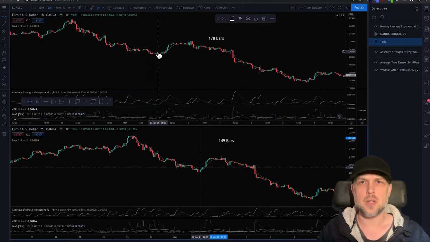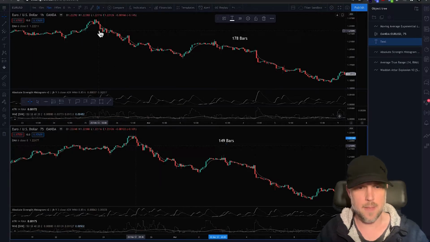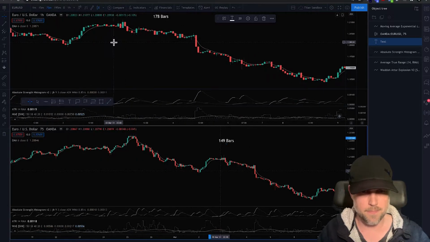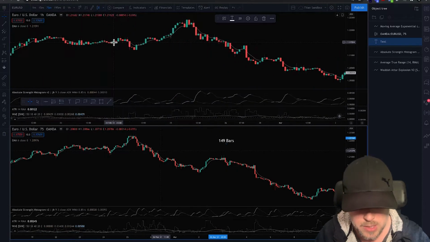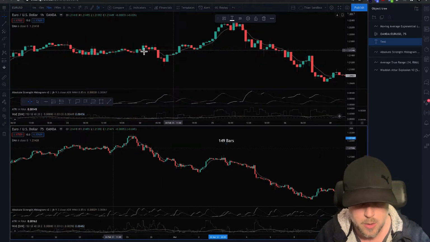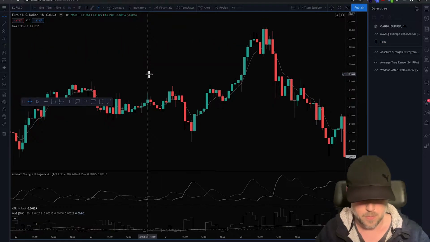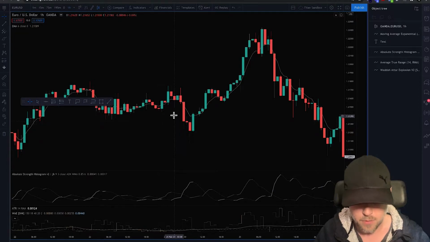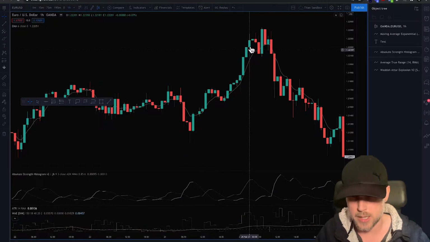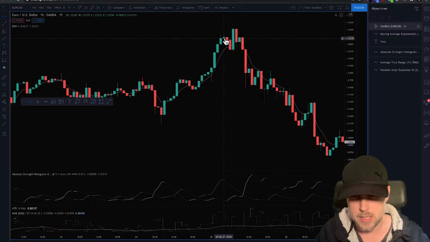Less than 50% of the range between the high and the low. That's what we're going to do. So I'm going to give you an example of one where clearly we have less than 50% of a body. So here's one right here, right? So clearly the body is less than 50% of the range of that bar.